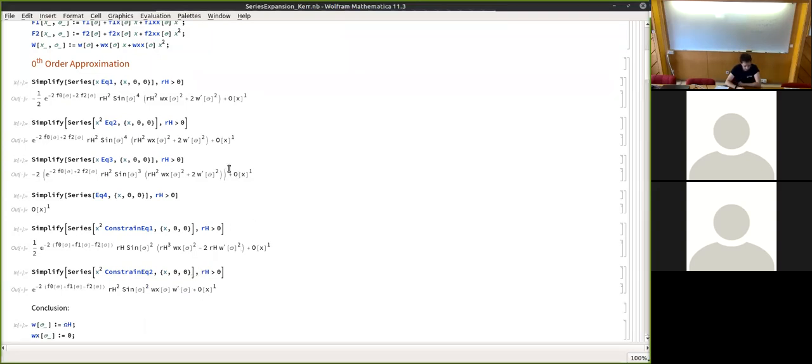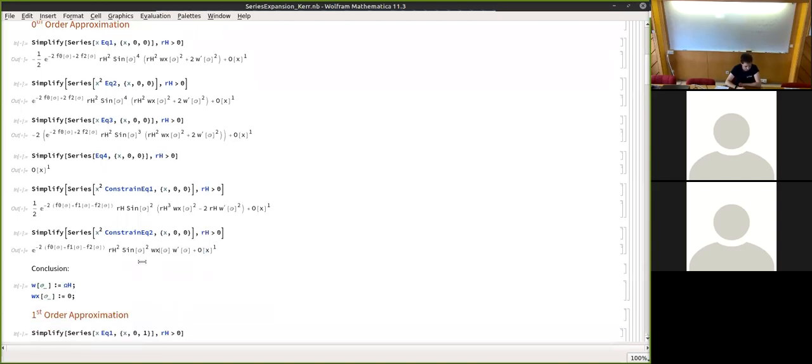And if you look at these other four equations, if one of them is equal to 0, then the other must also be equal to 0. So you conclude that wx must be equal to 0, and the derivative of w must be equal to 0. Therefore, w must be equal to a constant. And here, you say that the constant is omega h.